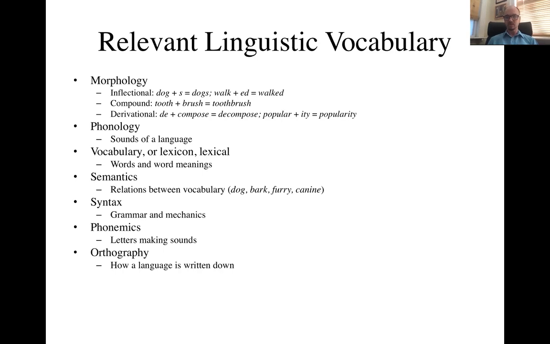Vocabulary, this is the most straightforward one, obviously. When you hear the terms lexicon or lexical, that means vocabulary. And that's just words and word meanings on a very basic level. But related to vocabulary and our lexicon is semantics, and that's conceptual relations between words. So for example, dog, bark, furry, canine.